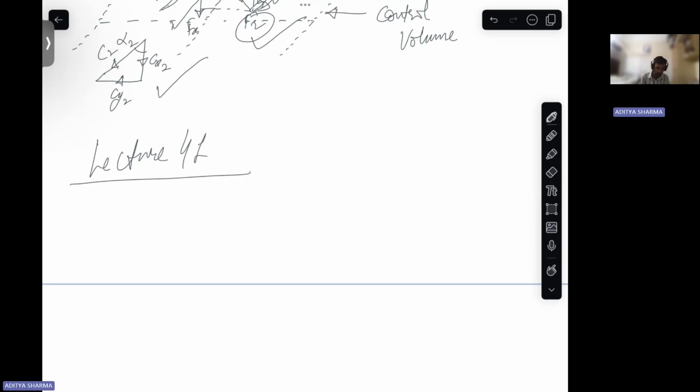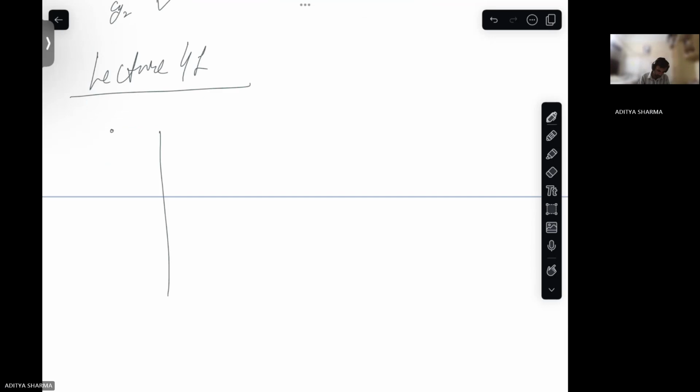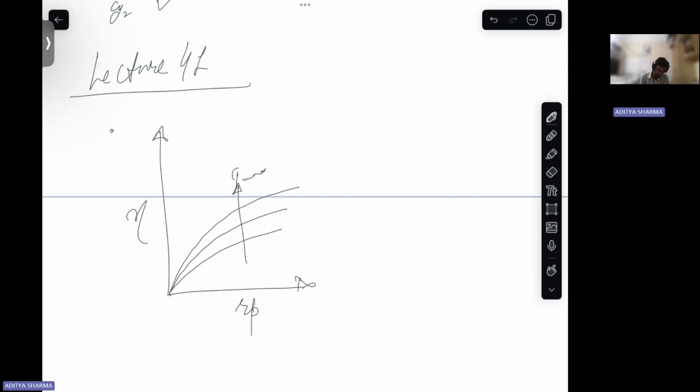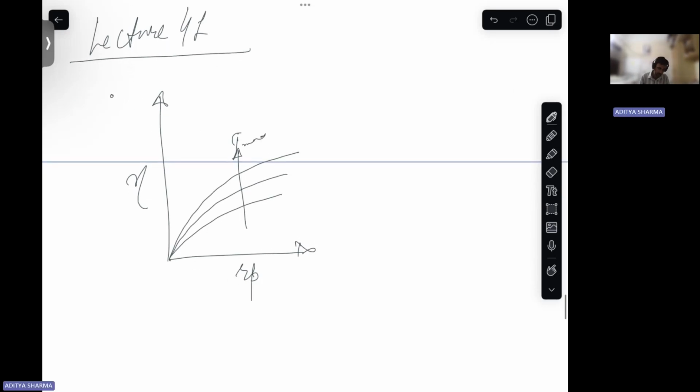In lecture number 41, if you see, two diagrams have been drawn. This and this. RP is your pressure ratio. This is your Tmax, the temperature at which your gases enter the turbine.